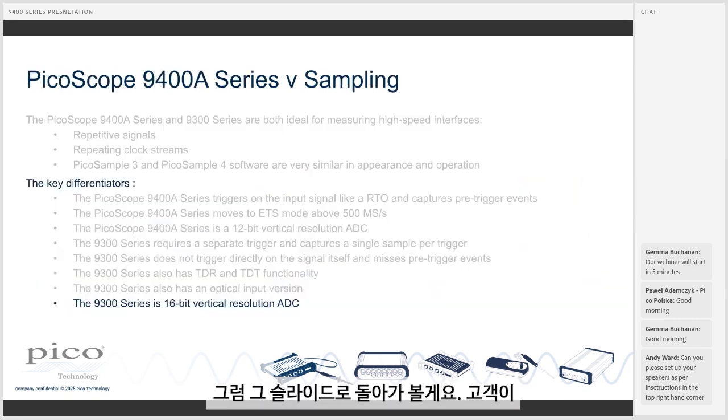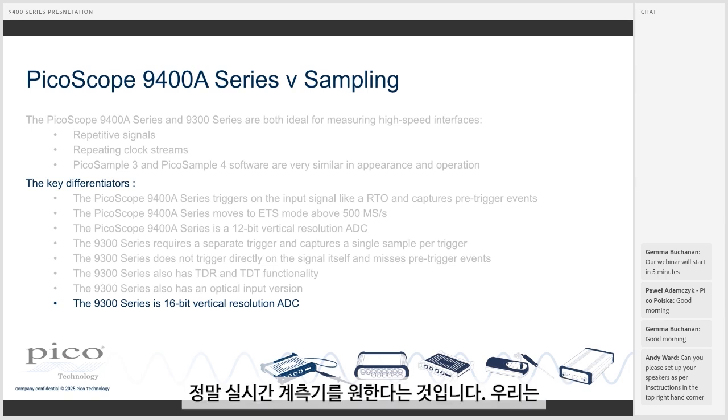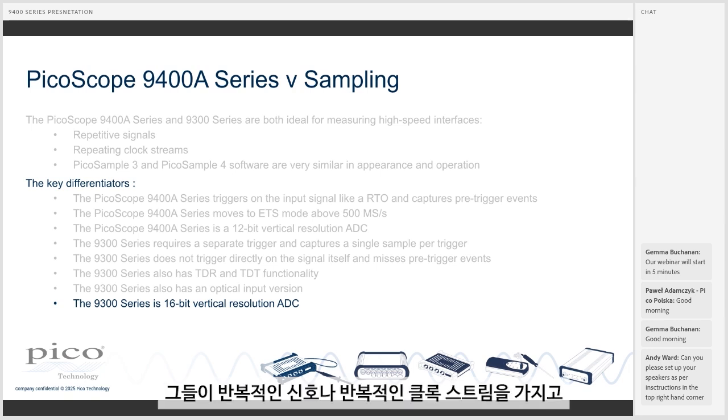So I'll just go back to that slide. When a customer phones in or comes into Pico, or indeed yourself, I think the first level of discussion we go through is, do they really want a real-time instrument, or could we offer them a 9300 or a 9400 series?